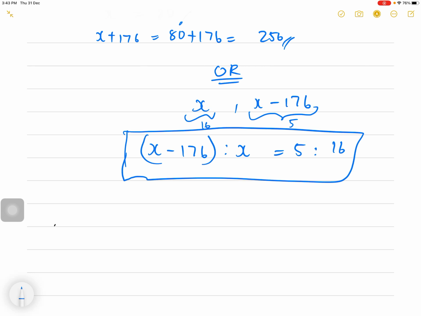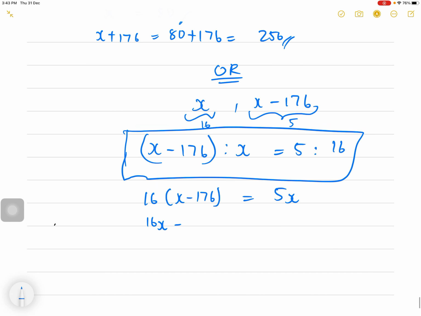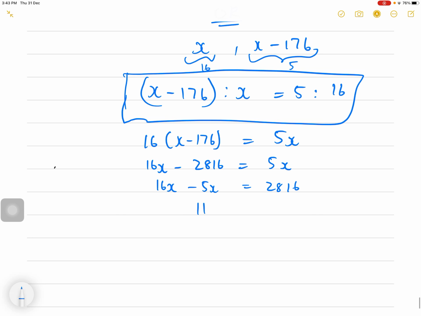Now again 16 into x minus 176 is equal to 5x. So 16x minus 176 into 16. 176 into 16 is 2816 is equal to 5x. So 16x minus 5x is equal to 2816.